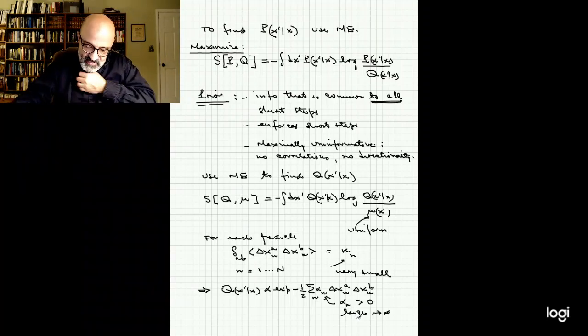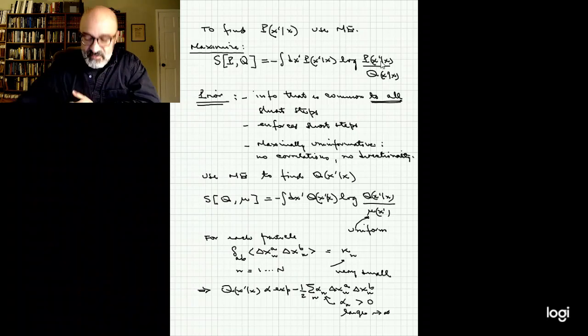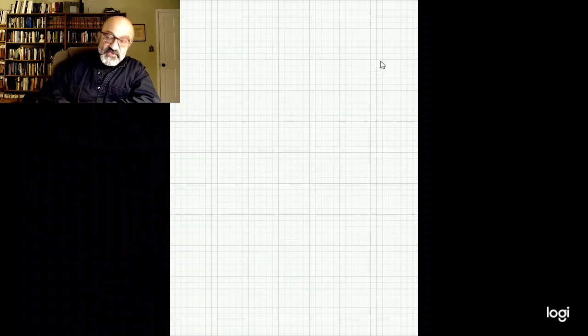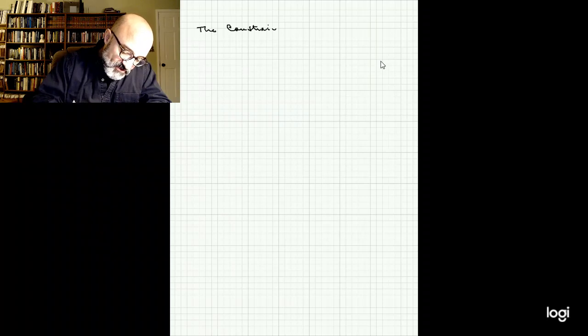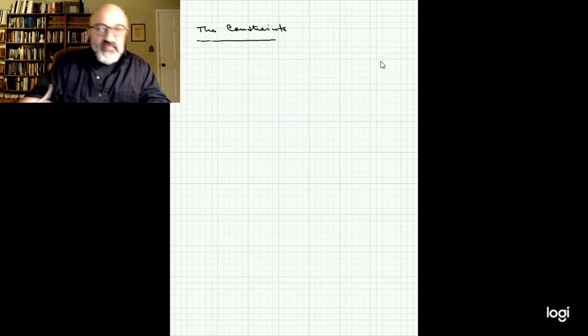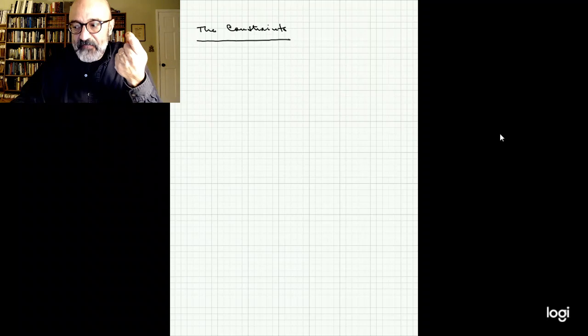Okay, so now that we have the prior that goes here, let us focus on the constraints that we want our transition probability to satisfy. These constraints are what specify a good chunk of the physical information.